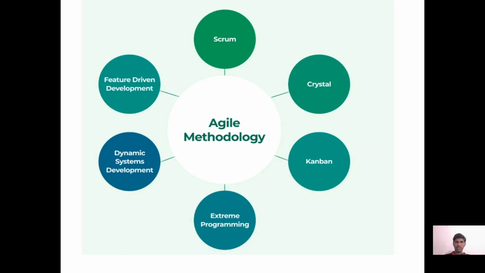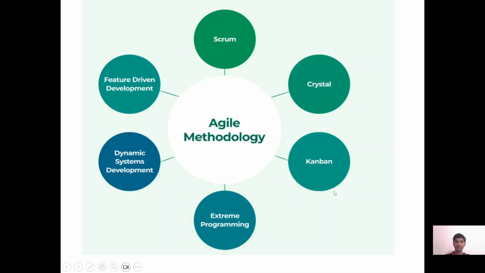For example, in Crystal, if the project size is 6 members, then it is called Clear Crystal. If the project has 20 members, then it is called Yellow Crystal. Likewise, based on the number of people, the Crystal's size also varies.